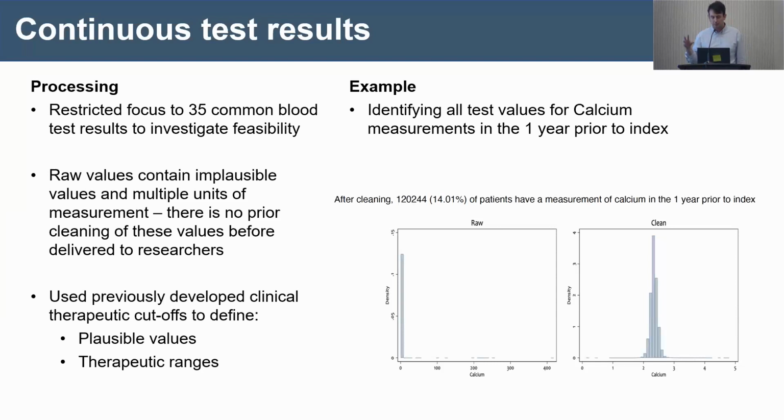We used previously developed clinical therapeutic cutoffs to define plausible values and sensible therapeutic ranges. The panel on the right highlights the extent of these challenges and shows the distribution of calcium measurements on the left-hand side before cleaning, and then after, on the right-hand side, we've cleaned these results, and we can see a much more sensible pattern of values.